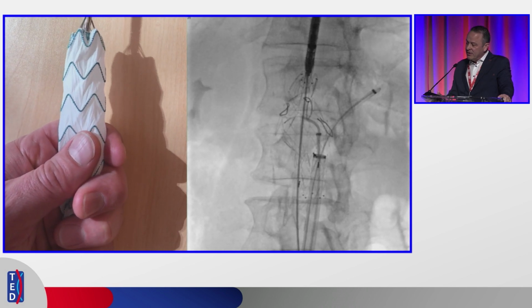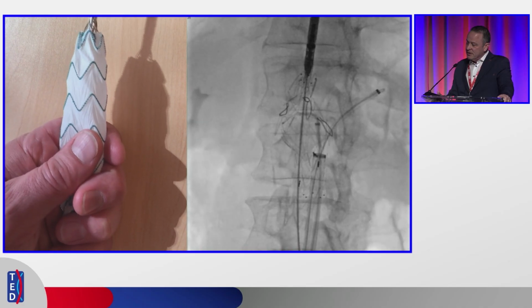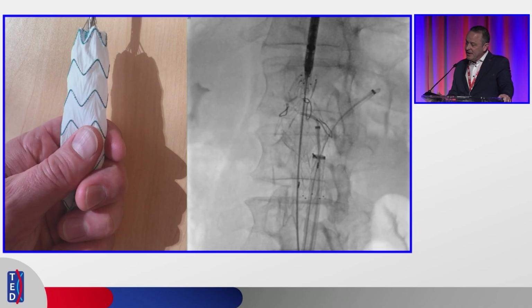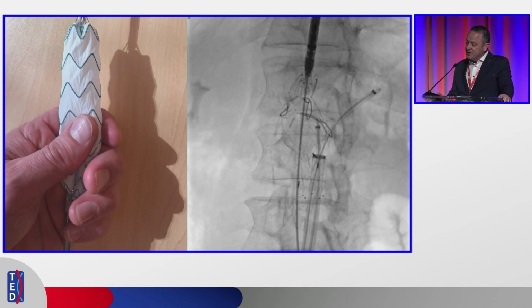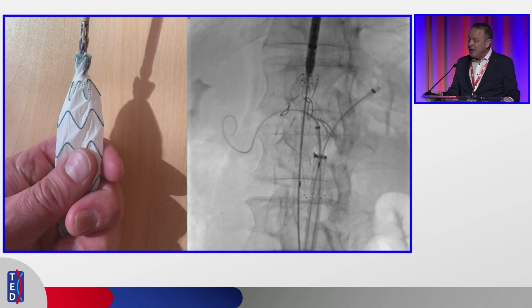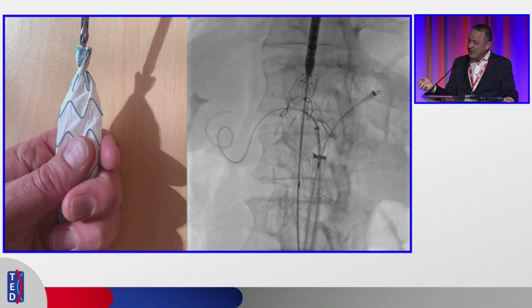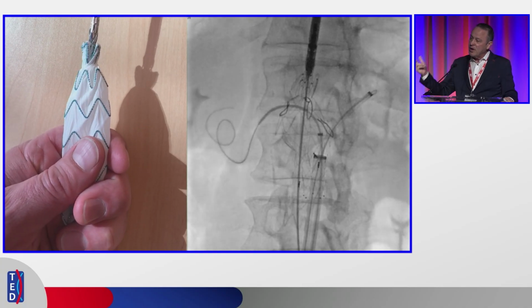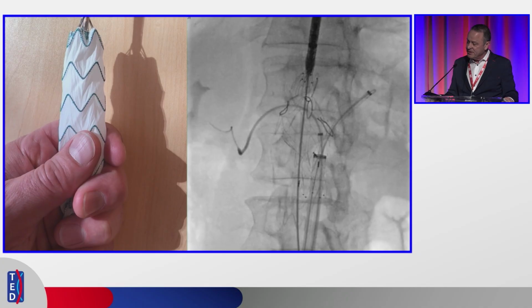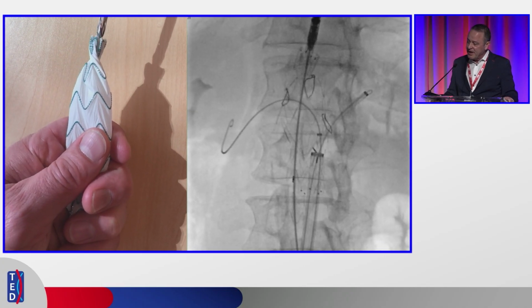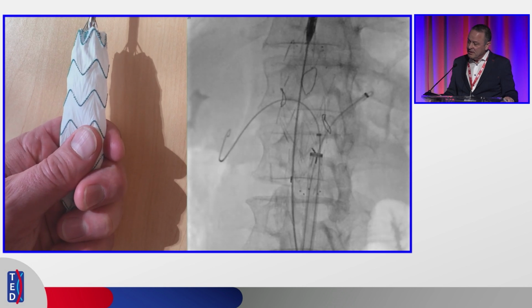So the wire goes out through the fenestration here and then into the target vessel. More importantly, after we place that sheath into position, you can see us unwind the graft back into position. This is a very strong feature of this graft.